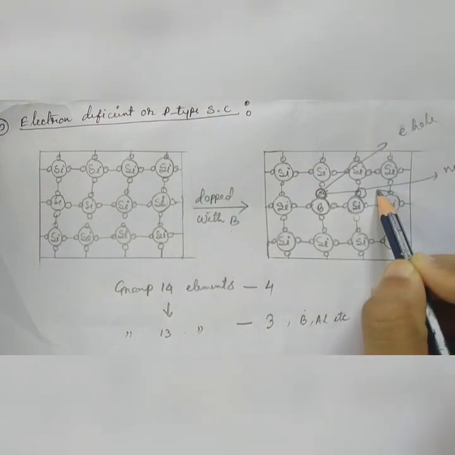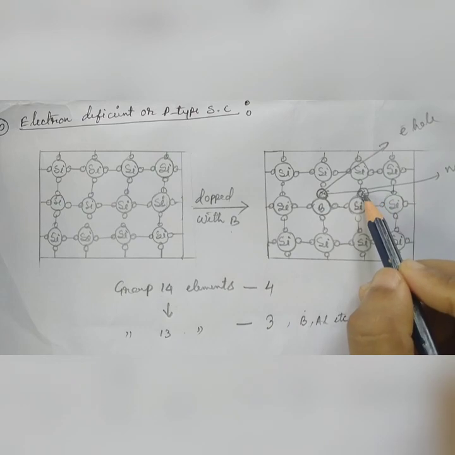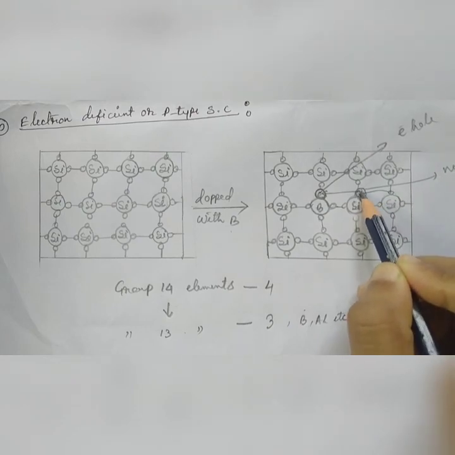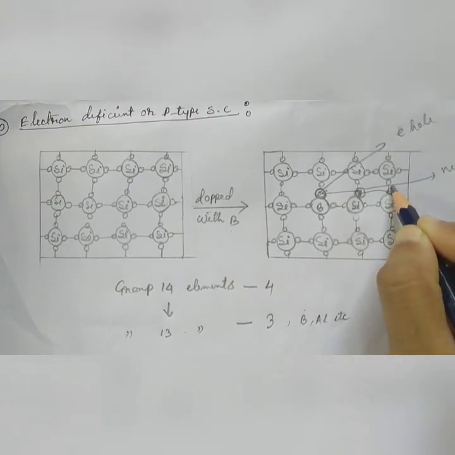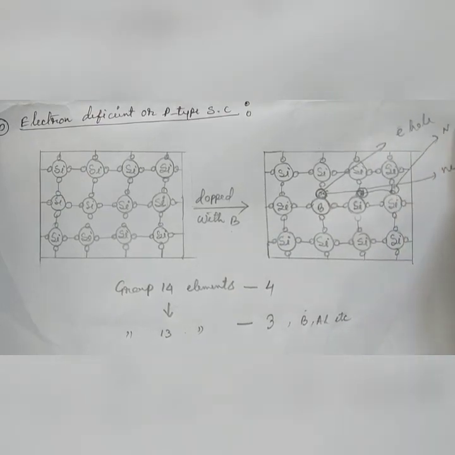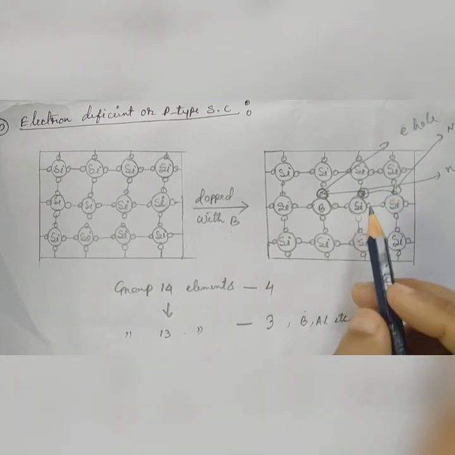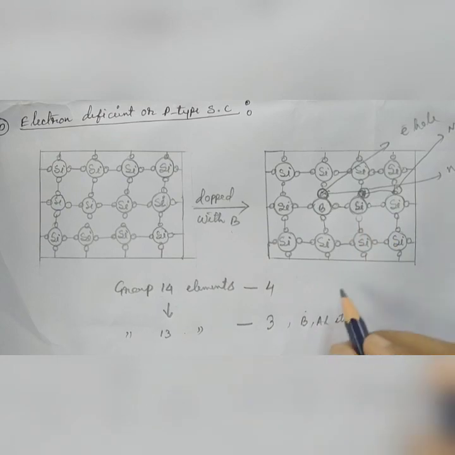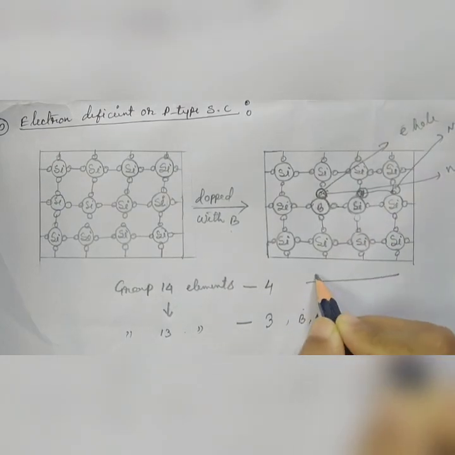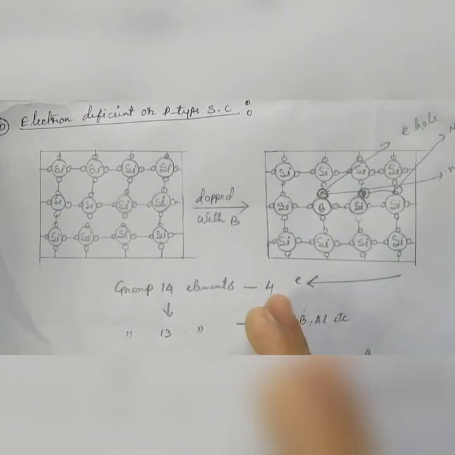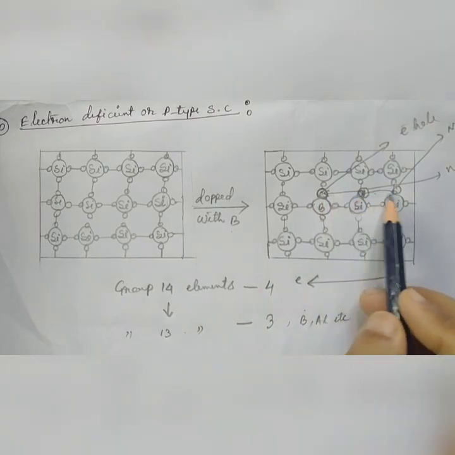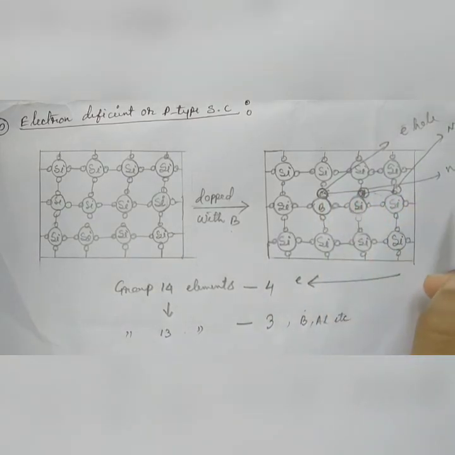Again an electron will move towards this hole, the electron will come here, and this position will again create a new hole. The process continues like this. So the direction of movement of the electron is in this direction, and the direction of the electron hole is in the opposite direction. So this will be the direction of the hole.